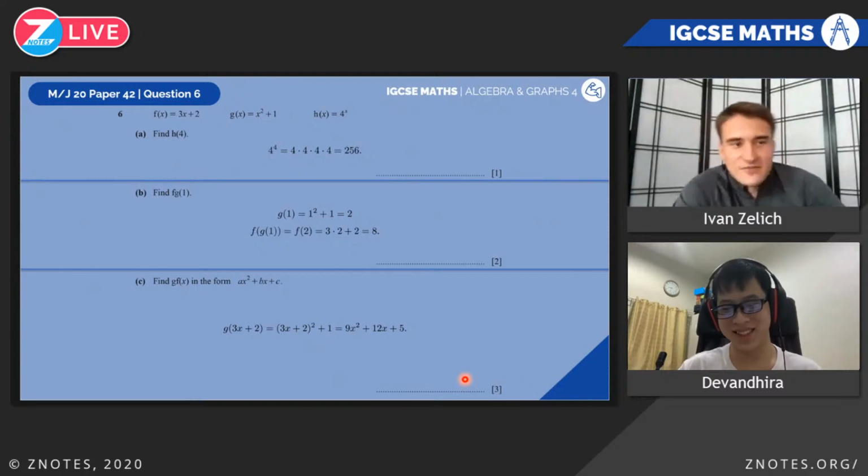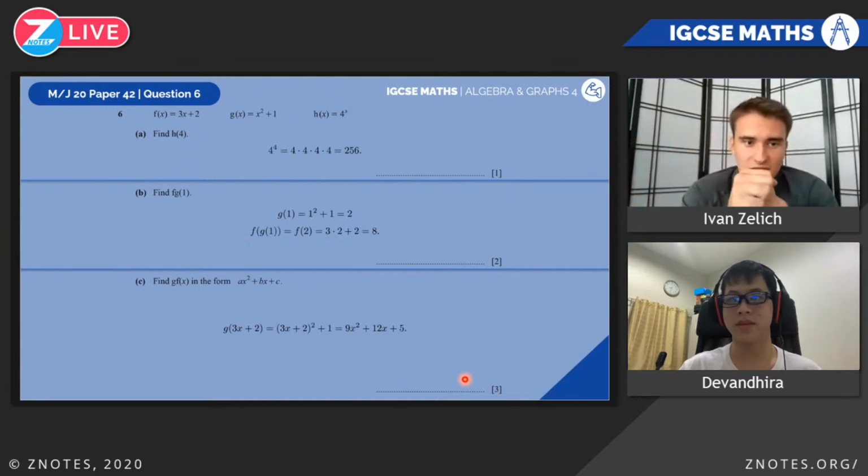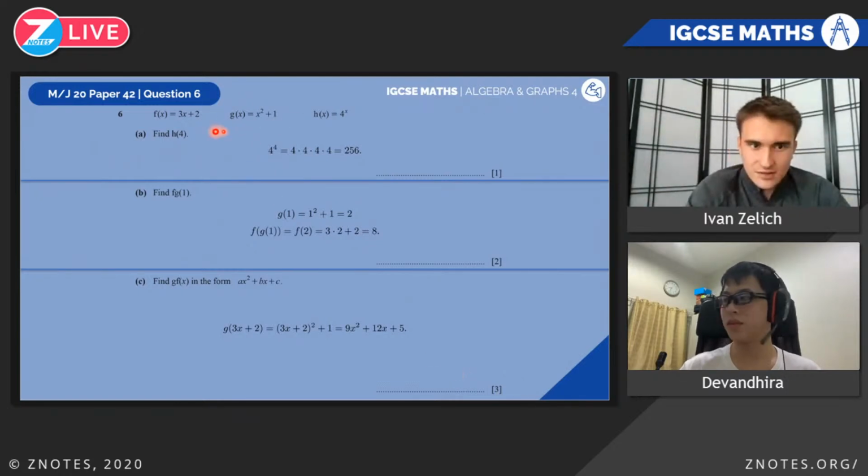So if I apply f of x to x, I get 3x plus 2. And then I apply g of x. Now g of x takes an x and outputs an x squared plus 1. So f of x made x into 3x plus 2, and then we have to input that in place of x for g of x. So g of 3x plus 2 is (3x plus 2) squared plus 1.